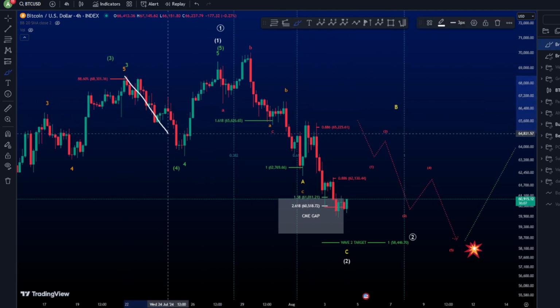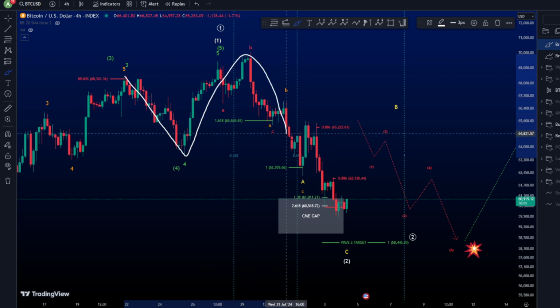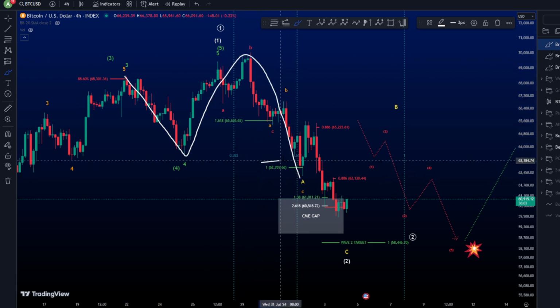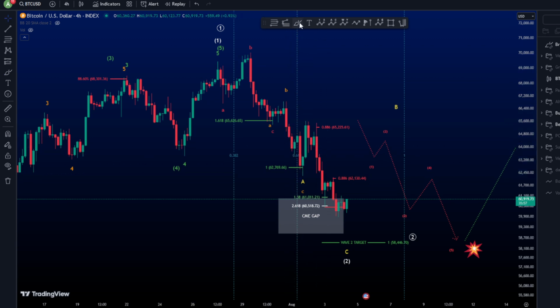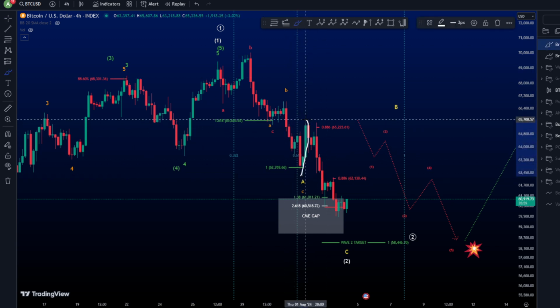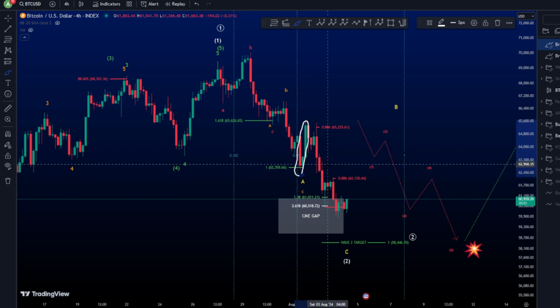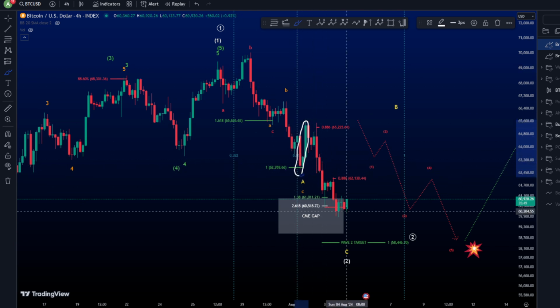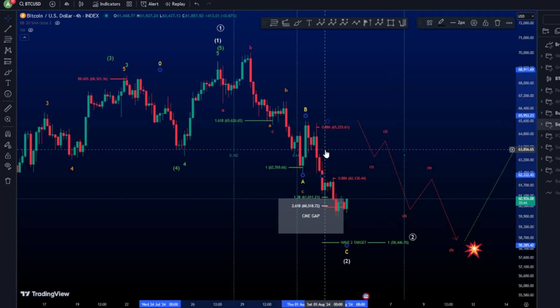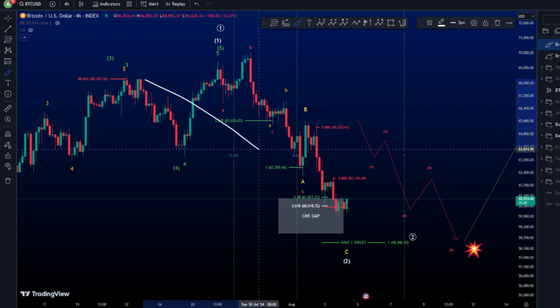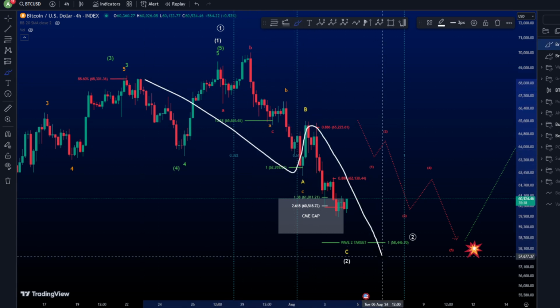We have already spoken about the A, B, and C flat finishing exactly at the fib levels here, and we have seen the only rejection towards the upside over there. This is the only retracement that this corrective wave has seen ever. So by all means the wave B could have finished exactly here. So what we are looking at is an A, B, and a C.